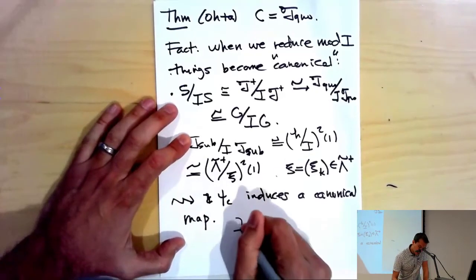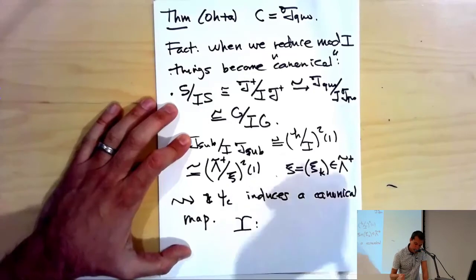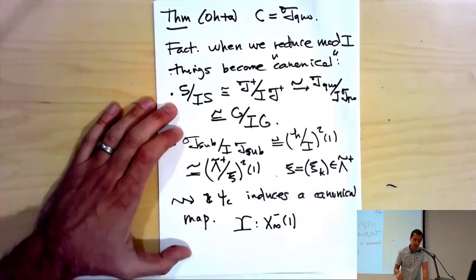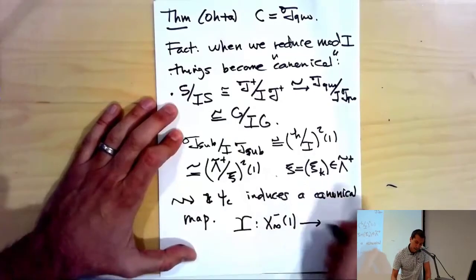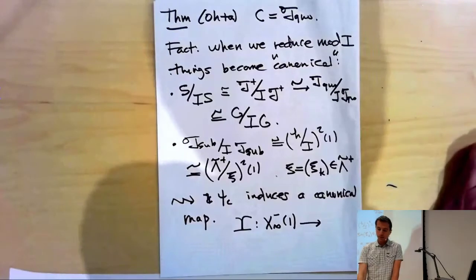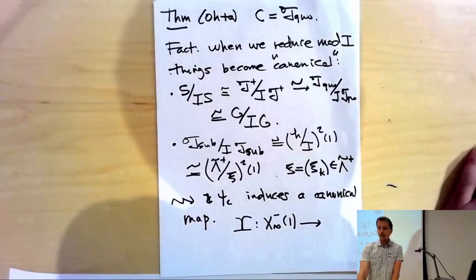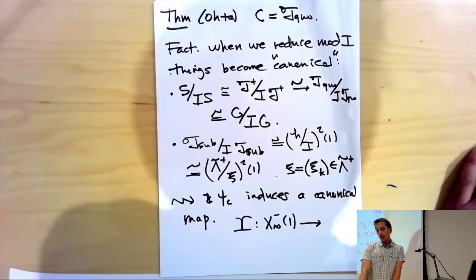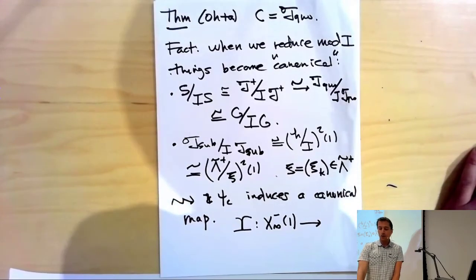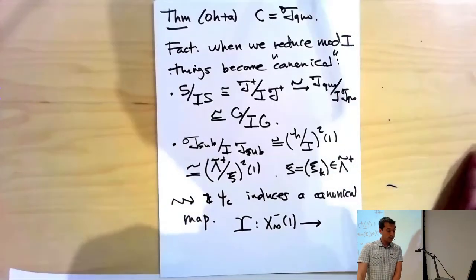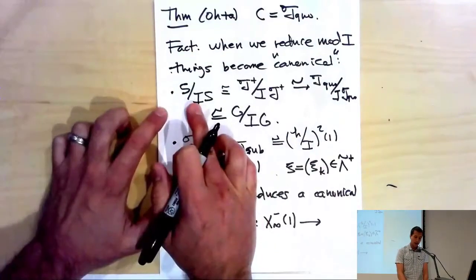What is it? I call it upsilon. It also goes from the same group because I haven't changed anything on the left. I said C mod IC is S mod IS, and that's actually canonical because we remember, just to get from C and to think of it as inside T quo, I had to identify T sub with H, but mod I, that's canonical. So I evaluate at that canonical generator, I get something in T quo mod I T quo, which is canonically S mod IS.